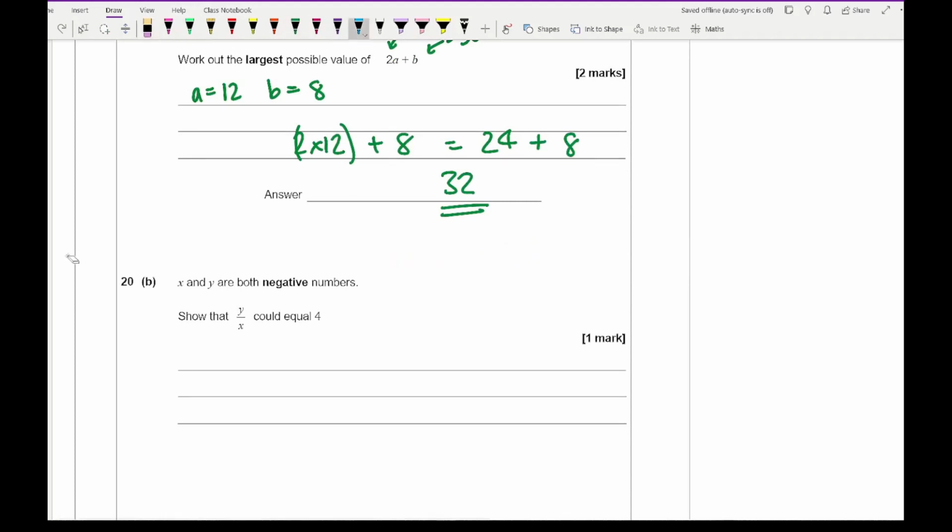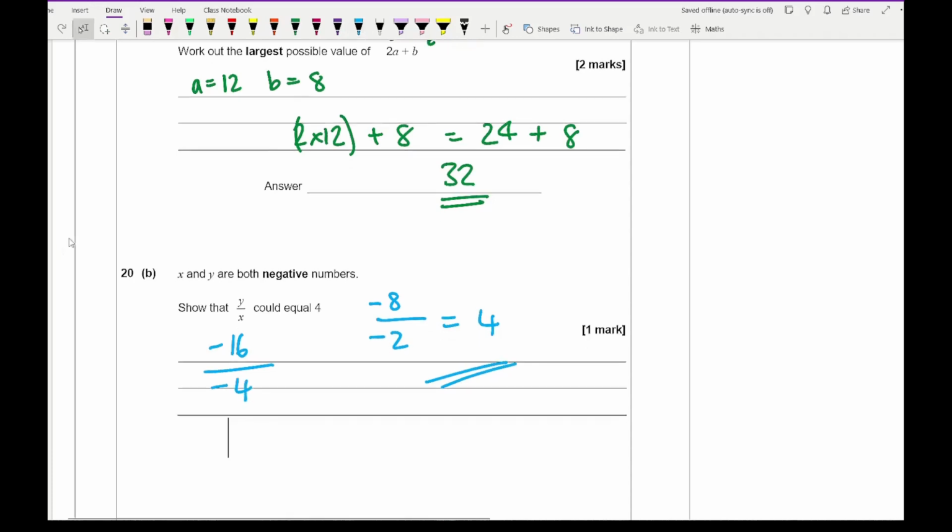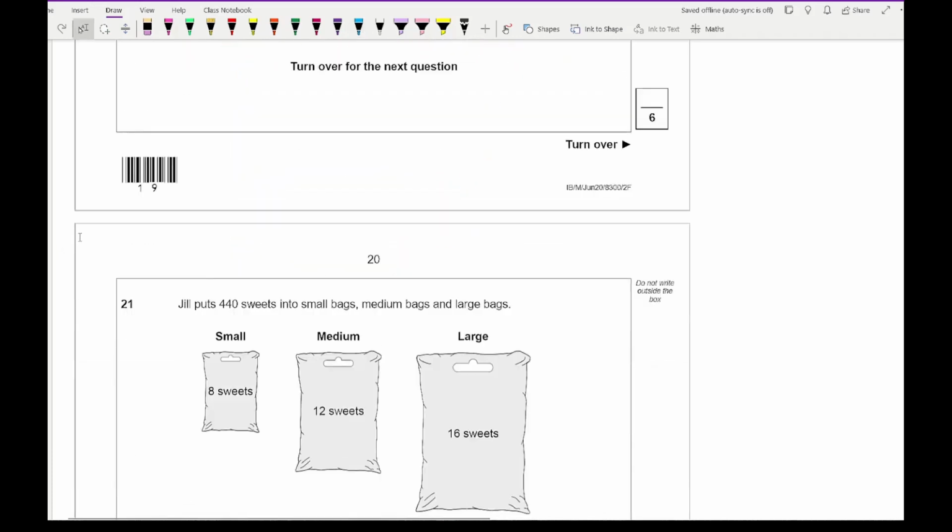So all we need to do is just pick two negative numbers that divide to equal positive 4. So we could have minus 8 over minus 2, and that would equal 4, and that should be enough. You could have minus 16 over minus 4, and that would be another option. So there are loads of options you could choose.